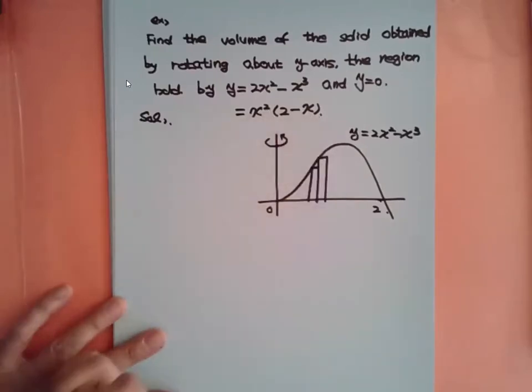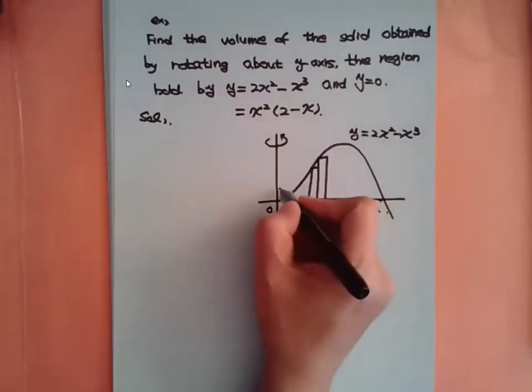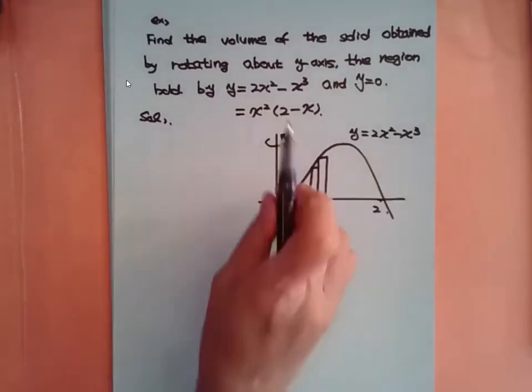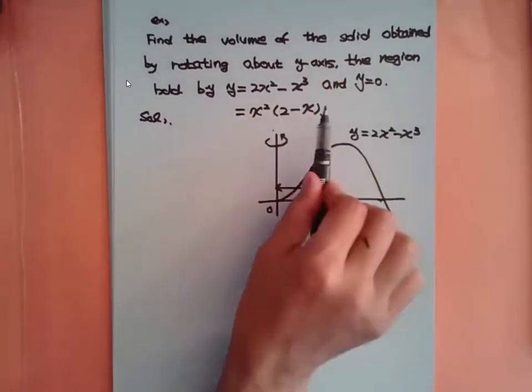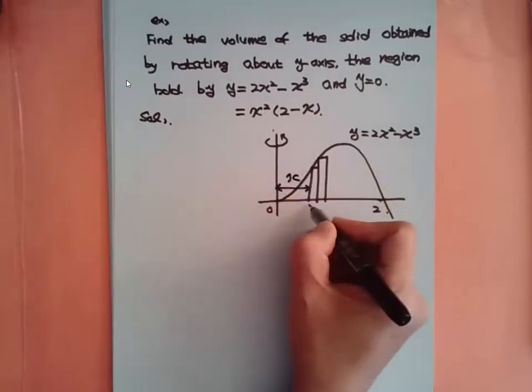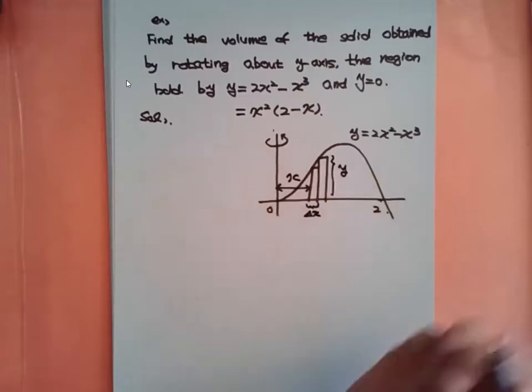That's important. In the shell method, the radius is the distance between this rotational axis and this stick, which is just the x value. And this is delta x. And this is a y, right?